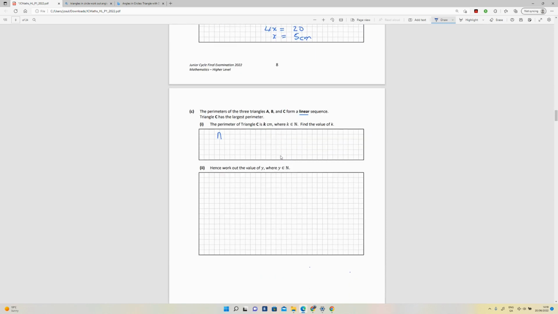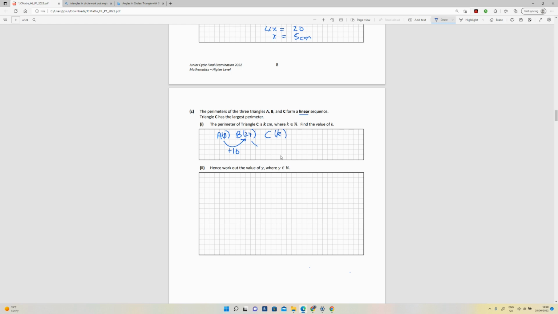So if it's a linear sequence, let's now write down A to B. So A we know is 8, and B we know from above is 24. Okay, so the jump from here to here is plus 16. If it's a linear sequence, the jump from B to C should be the same. Sorry, I've done that wrong. I'll just do this one again. So C, and this is going to be K. We don't know what it is yet.